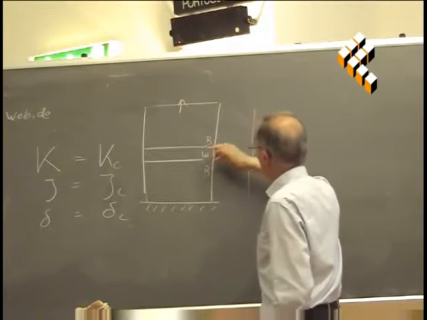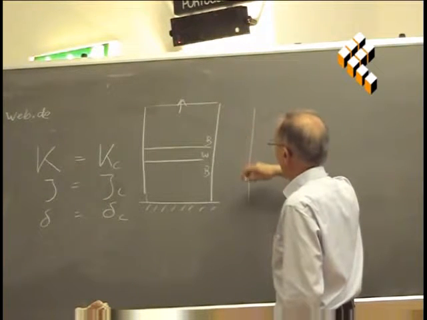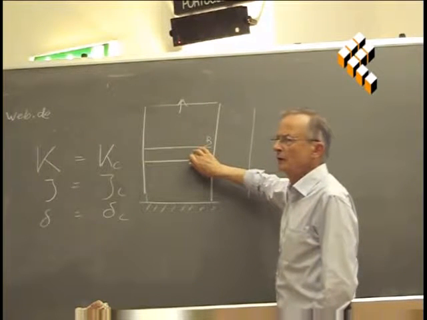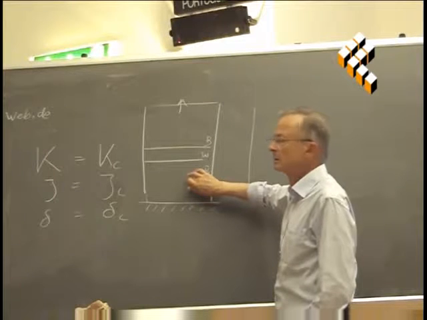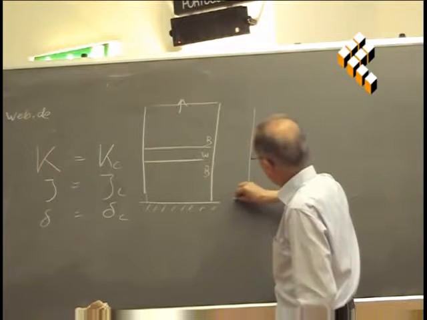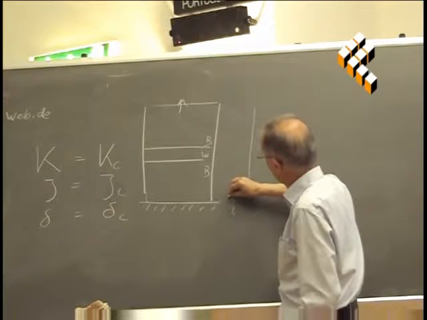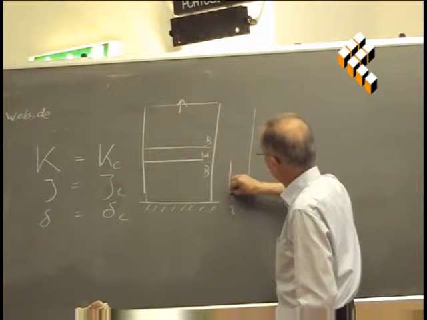I'm drawing the strain distribution for a given applied load. When the weld metal is much softer than the base plate, then here we have the strain axis. When the weld metal is much softer than the base plate, then in the base plate we may have this strain here.